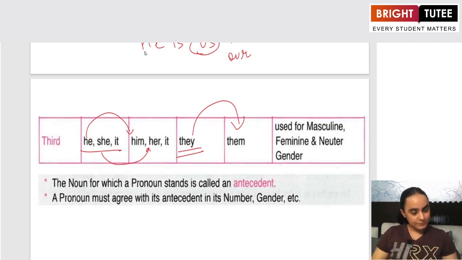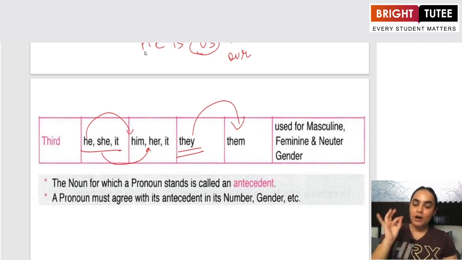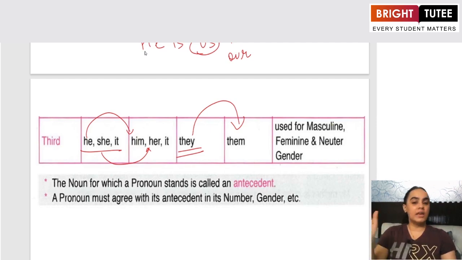Second person pronoun refers to the listener, who the speaker is talking to directly. And the speaker is always talking to you. So the pronoun that we are going to use in the second person for all the cases, singular, plural, subject, object, is you.